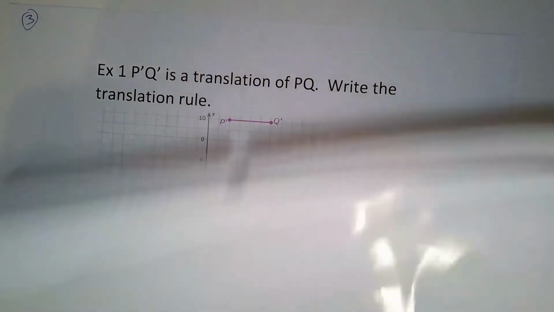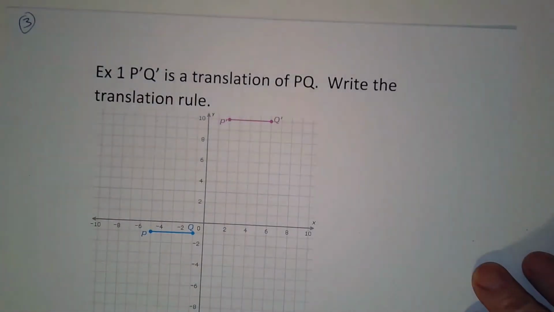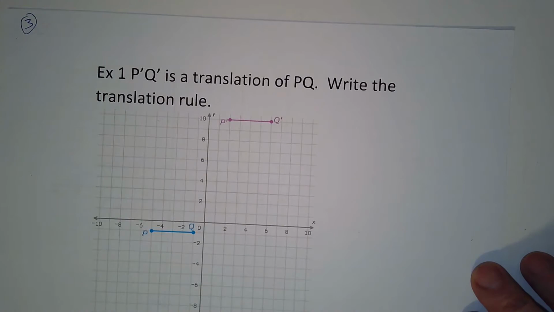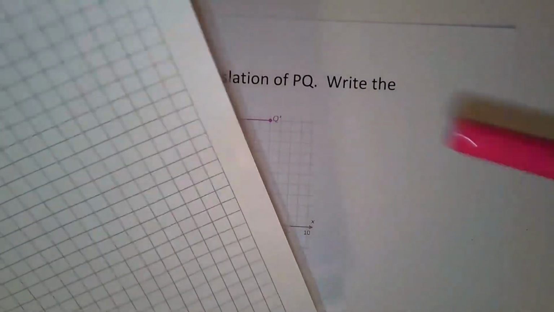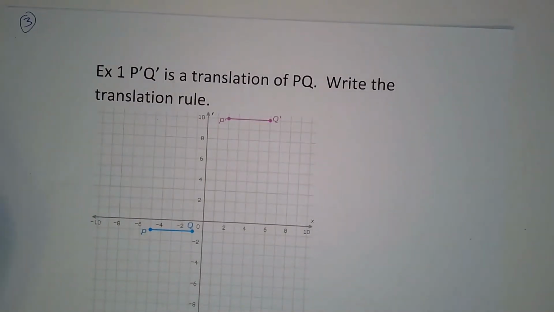If you don't have this, then you're just going to have to make a grid of your own, or, if you're careful, you can draw it freehand. You just have to do little tick marks for every one of the various coordinate units. Okay, and again, you can erase this. That's the whole idea of using the plastic sheeting on it and a dry erase marker.